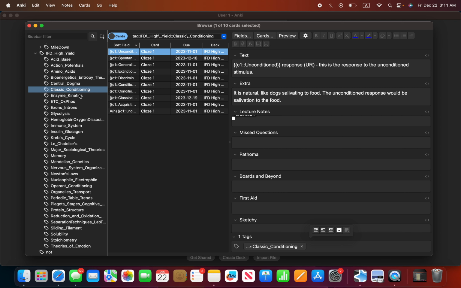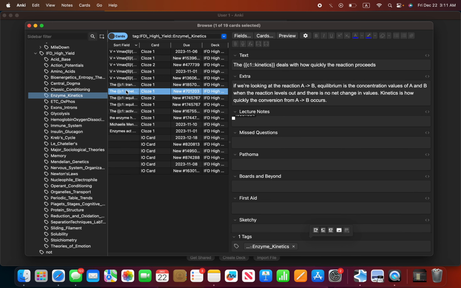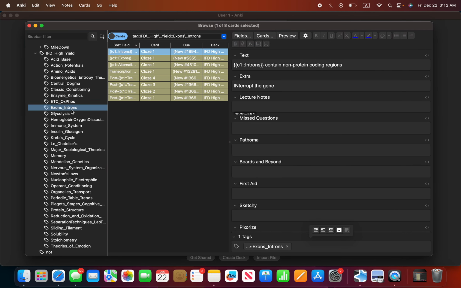We have the classical conditioning. That should be fine. I have to go through these, the enzyme kinetics. The ETC for sure. Exons, introns.